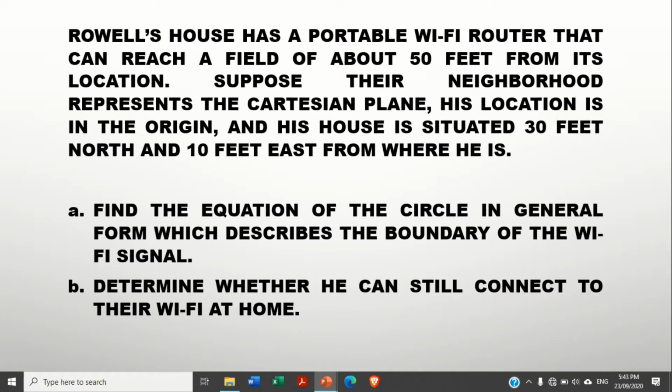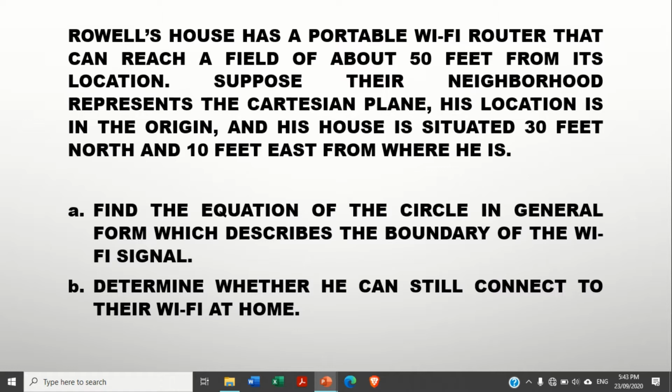So if we are talking about circle, there must be a center and a radius. Based on the given, the Wi-Fi router can reach a field of about 50 feet from its location, so that means that is the radius. The neighborhood represents the Cartesian plane, and the location of Rowell is at the origin, 0 and 0.